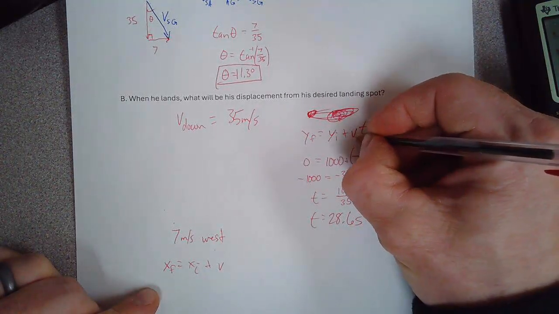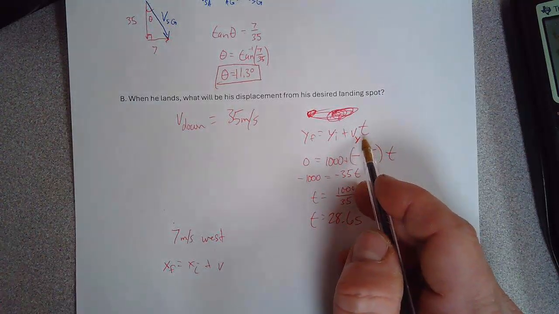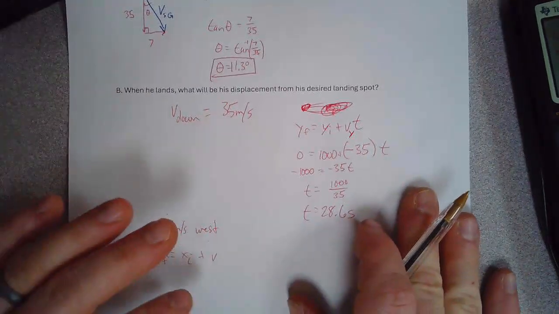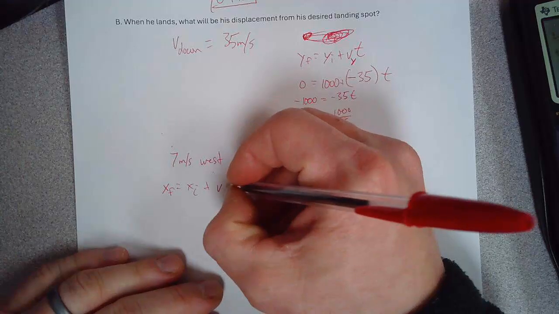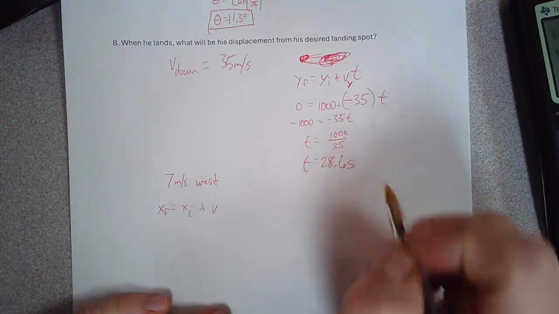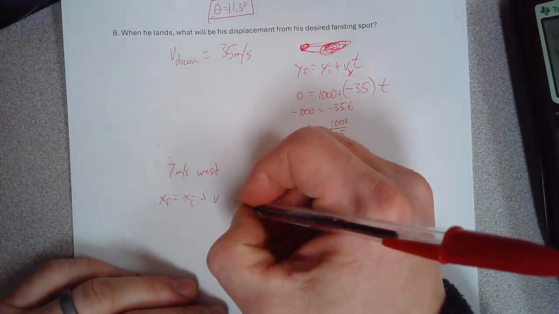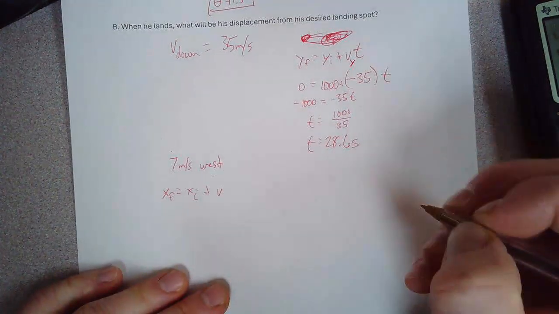Maybe I should have called that VY. Again, remember, this is because he's at constant speed, falling at a steady speed. This is terminal velocity. This isn't projectile motion. This is horizontal and vertical, and they're both going at steady speeds, which is what a skydiver does after they get up to speed. Projectile motion would be what's happening before they get up to speed, or before air resistance is significant.